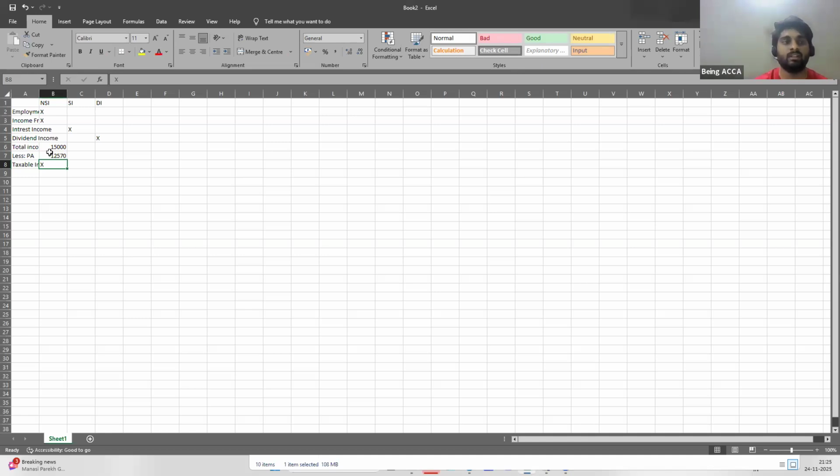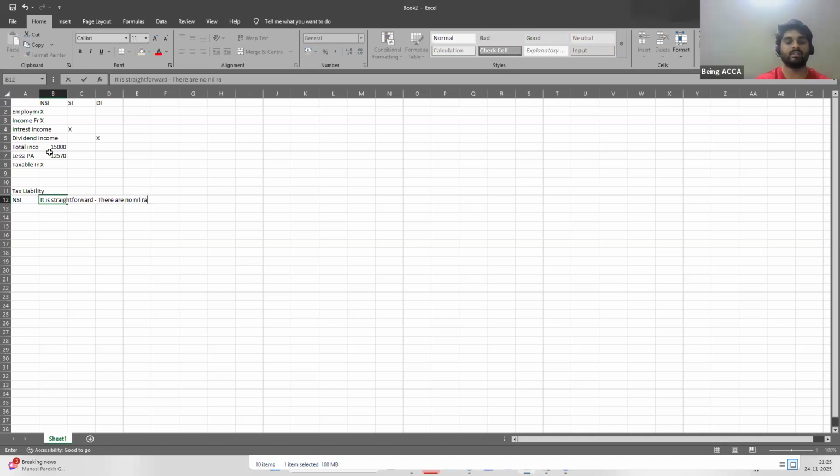Now, until here, everyone has calculated the taxable income and everything is right so far. But when calculating the tax liability, first always calculate it for non-savings income because it is straightforward. There are no nil rate bands, correct?